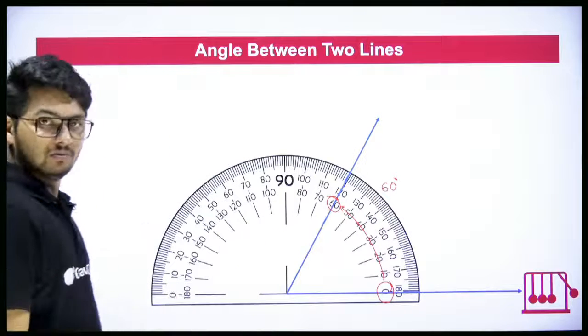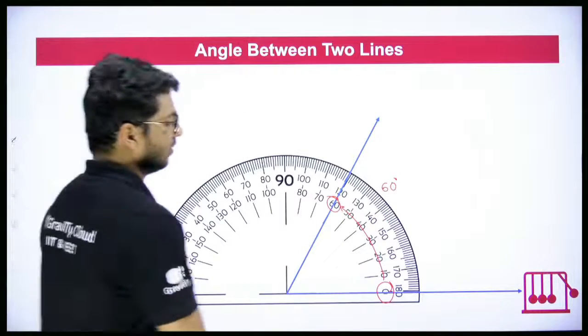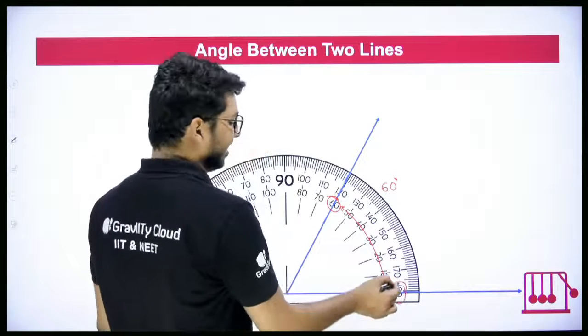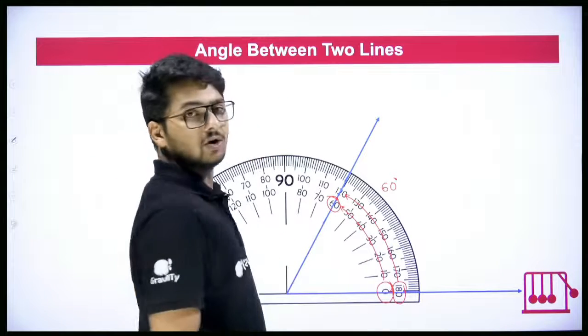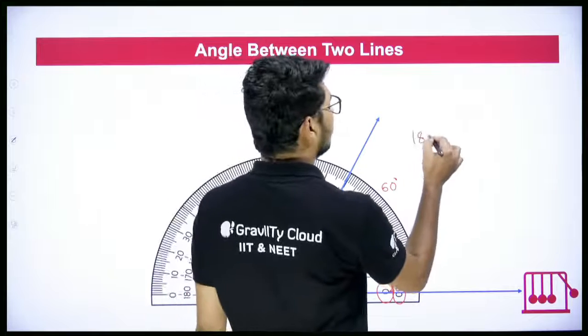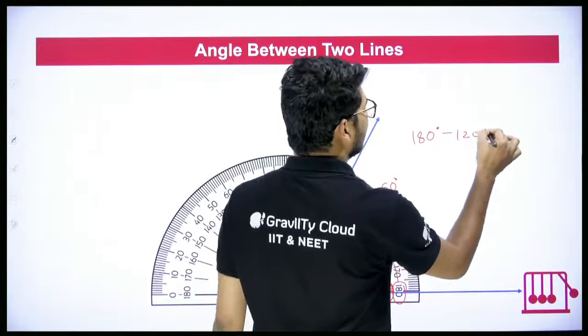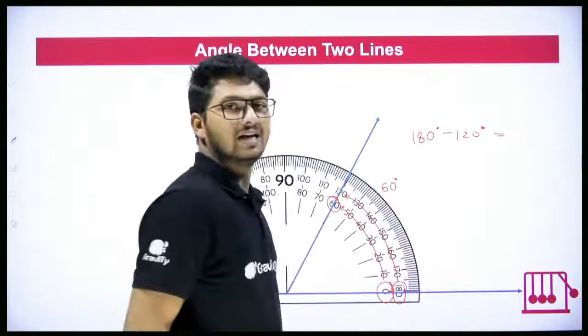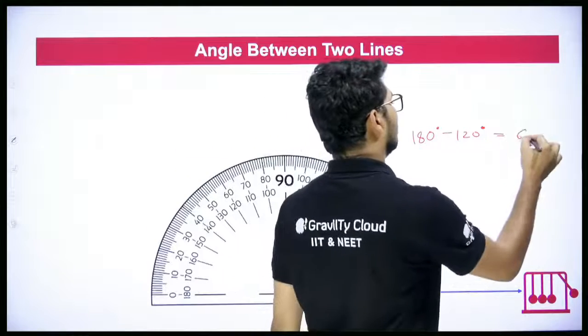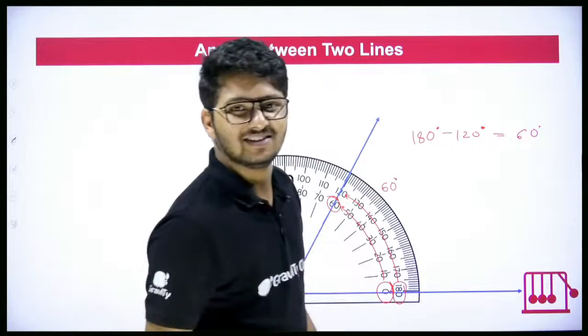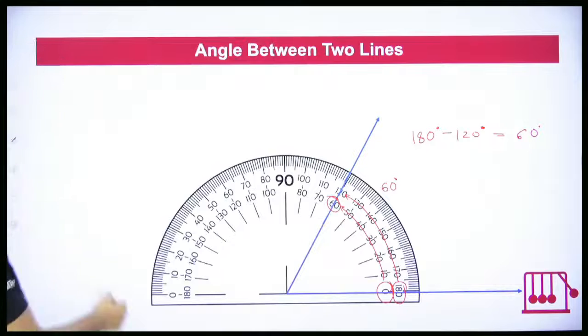We start from 0. So you might think, sir, what about these values? Here you are starting from 180 and going to 120. In that case, what will you do? You have to subtract them. If 0 is not the starting point, then you subtract them. 180 minus 120, that is also 60. Okay? But obviously 0 is preferable.